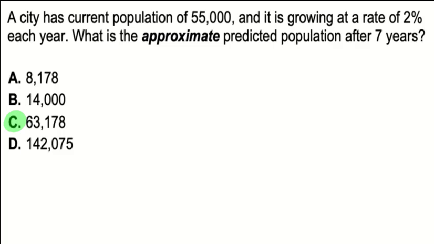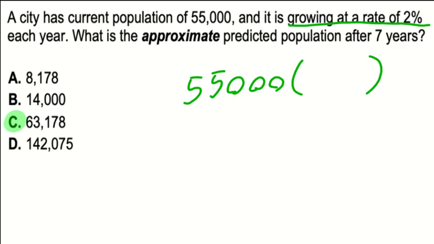So we have an exponential function. We know it's exponential because it's growing at a percentage. When we have an exponential function, we start with our initial value. We're going to have our rate in the parentheses. We either add or subtract from 100%. It's growing, so we're adding to 100. We add the 2%, so that's 102. Change it to a decimal, so we get 1.02.